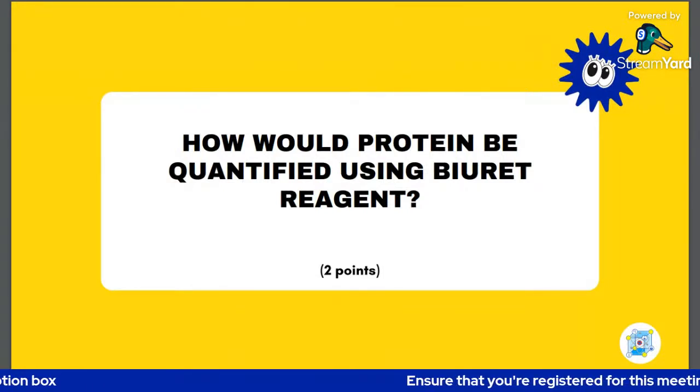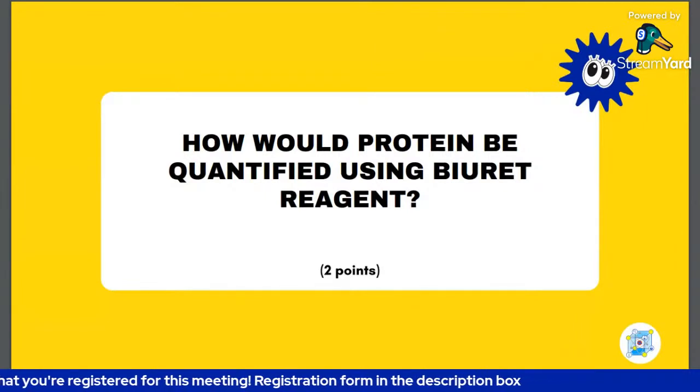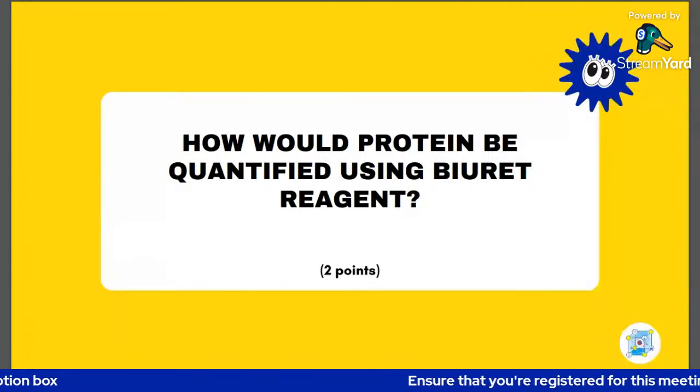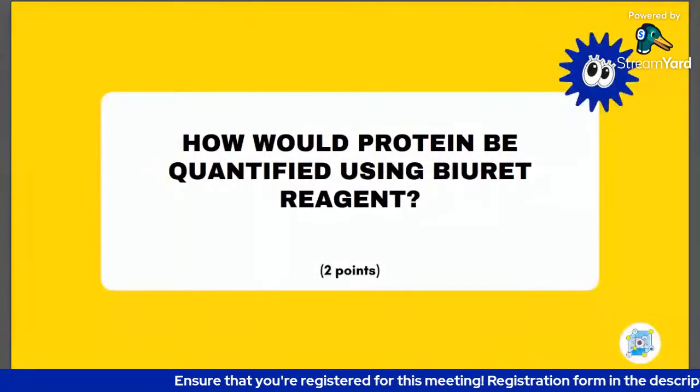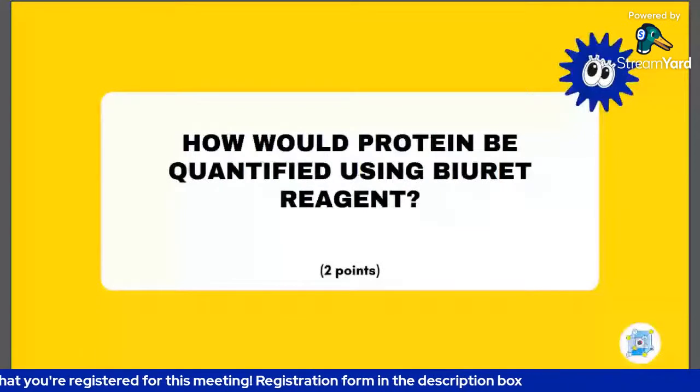Anybody else has any other answer other than titration? Is it basic now? Praise the Lord. Oh, it's sample gone.